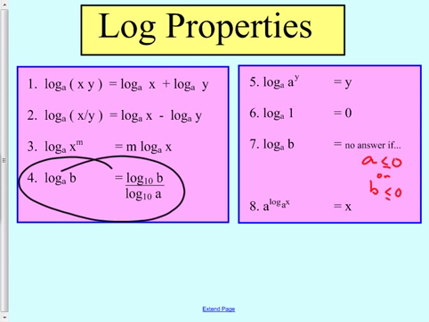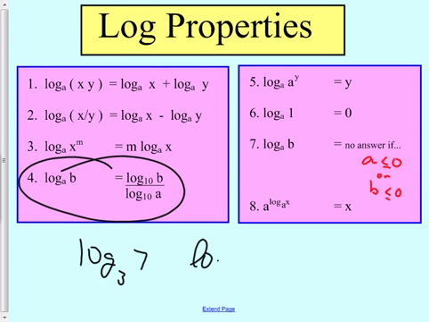So let's talk about the base change for just a second. Let's say it was log base 3 of 7. I don't expect you to be a calculator. You don't have the decimal for that. But you should be able to know what you would put in the calculator. What would you put in? Log 7 over log 3. Would it be okay to say ln 7 over ln 3? Yes, because that's just got a different base, and you can have any base you want.